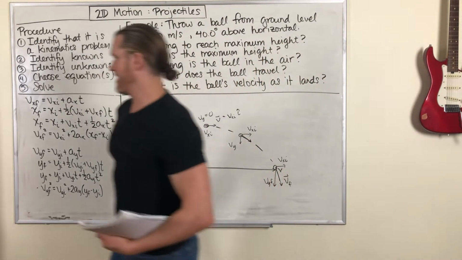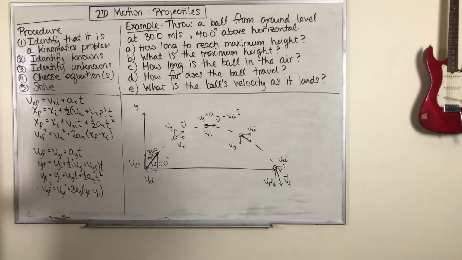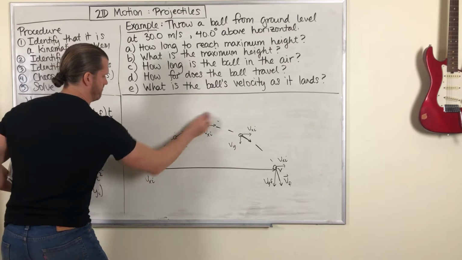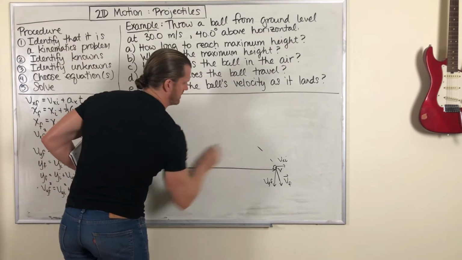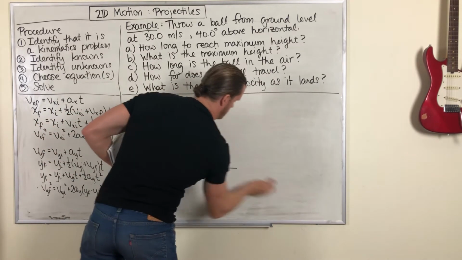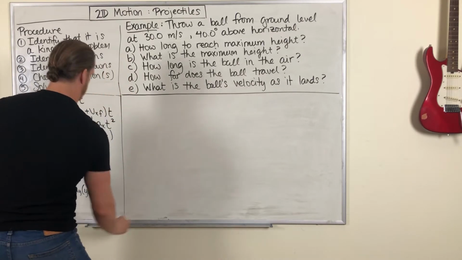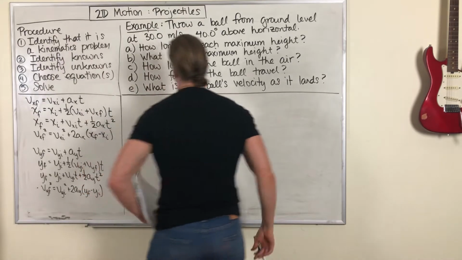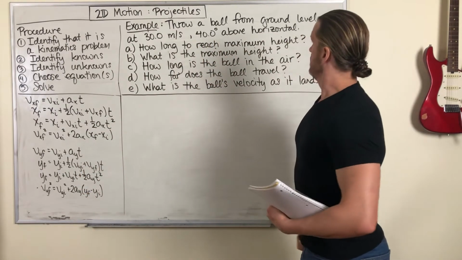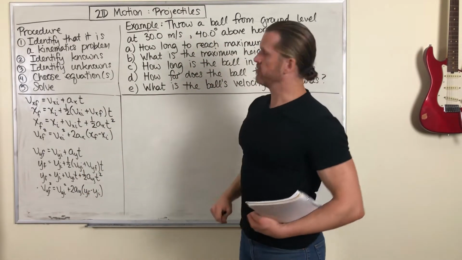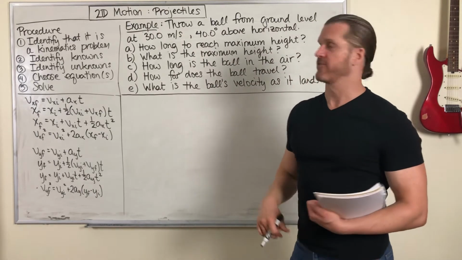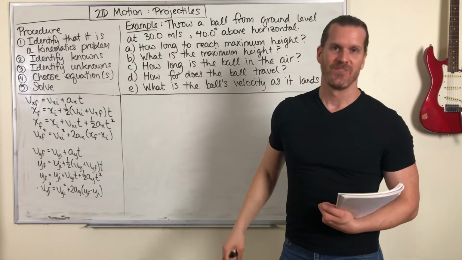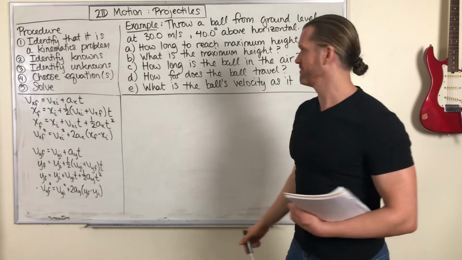Okay, let's start answering the questions. First thing we should do is turn that velocity vector, which is given to us in magnitude angle form, and write it in component form.